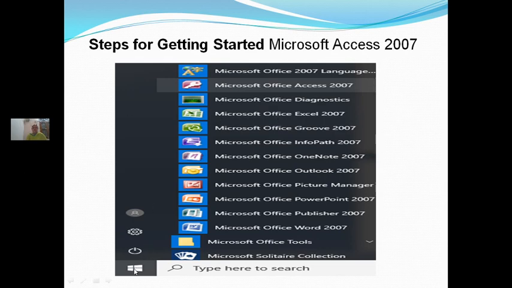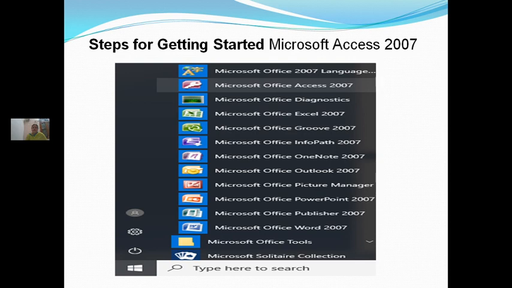You have to go to the start menu under the taskbar, that is on the desktop. This is the taskbar. Okay, you have to click on the start menu, then go to Microsoft Office tools. Under Microsoft Office tools, you have to click on Office Access 2007.